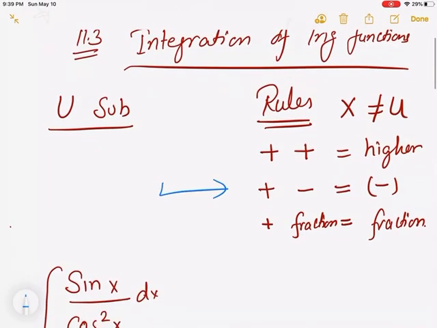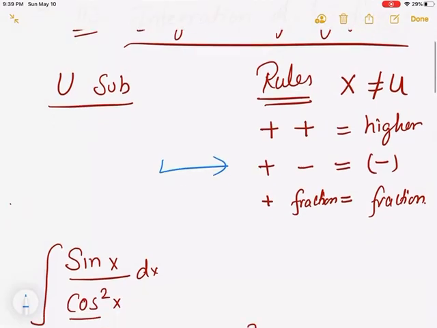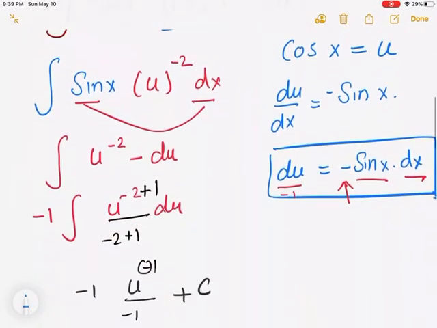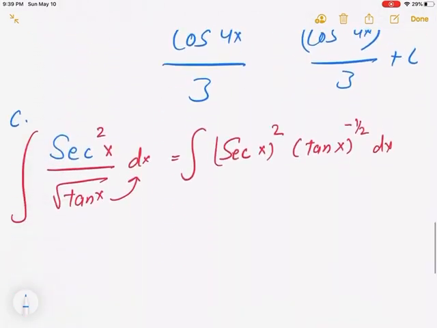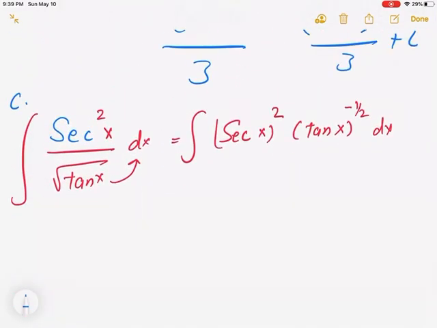If you see two positive pieces, the part that has higher degree is your original equation. Plus minus, the negative part would be your original equation. Positive and fraction, the part that has the fraction would be the original equation. Same thing for this one, since I see positive and a negative fraction. So the part that has the negative or fraction in it is going to be my original equation.